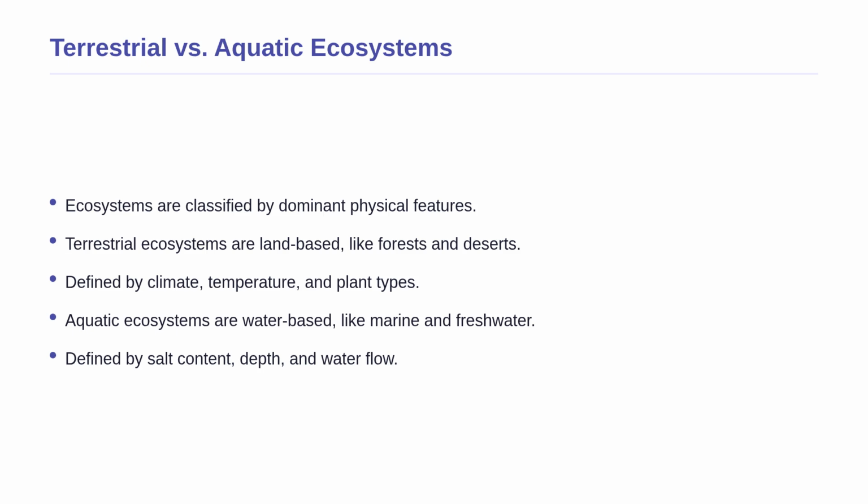Think of lush forests, sweeping grasslands, and barren deserts. On the other hand, aquatic ecosystems are water-based. These are defined by the salt content, depth, and flow of the water, which naturally divides them into freshwater systems, like rivers, and marine systems, like the open ocean.